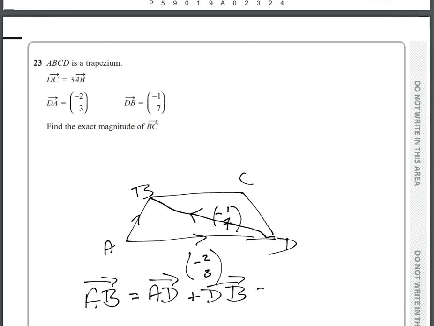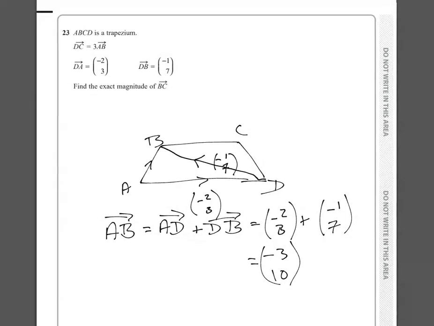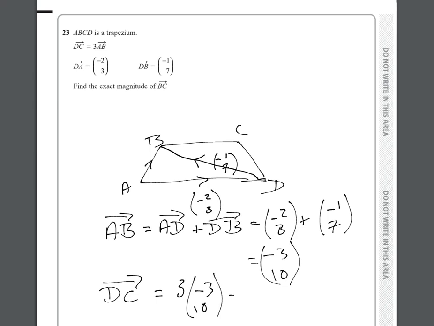So A to D is minus 2, 3, D to B is minus 1, 7, so that's minus 3, 10. D to C says it's 3 times that, so it's 3 times minus 3, 10, which is minus 9, 30.